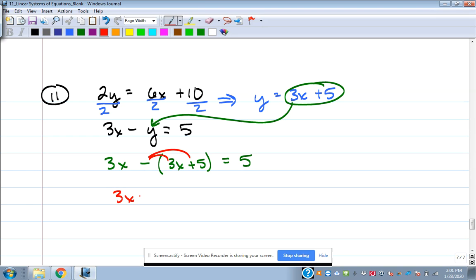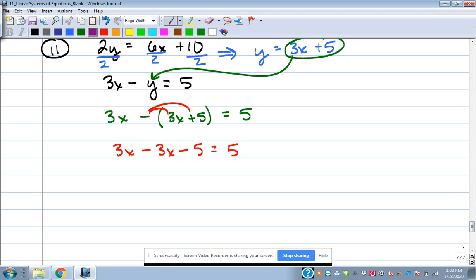So here we end up with 3x minus 5 is equal to 5. When I combine the like terms there on that left side, they cancel each other out. And so there's no more x's. We get negative 5 is equal to 5. There you go. So this is a false statement, that negative 5 never equals positive 5.